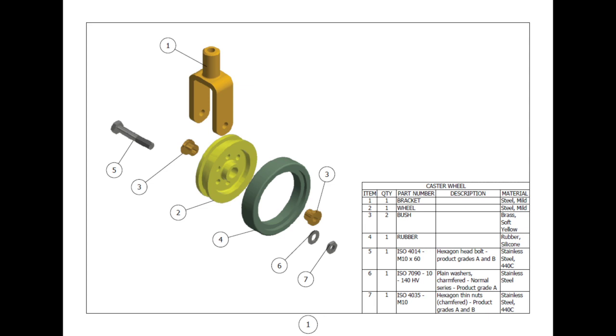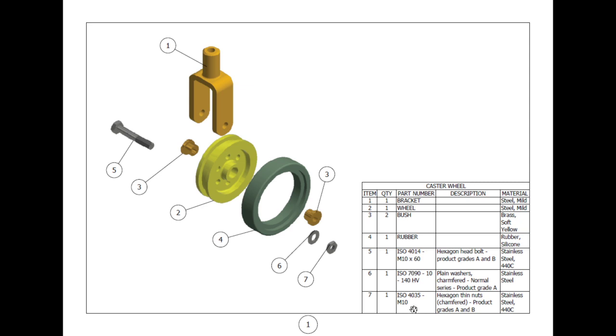Numbers 5, 6, and 7, we can't see any name. We see ISO, International Standard Organization. It's an ISO standard, with a number and letters. We'll study these later. So these are standard parts.